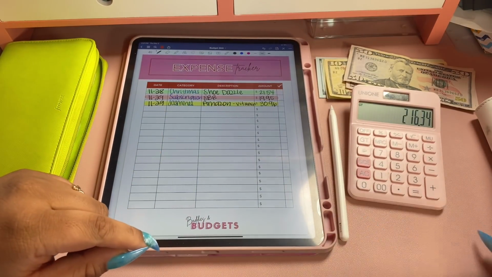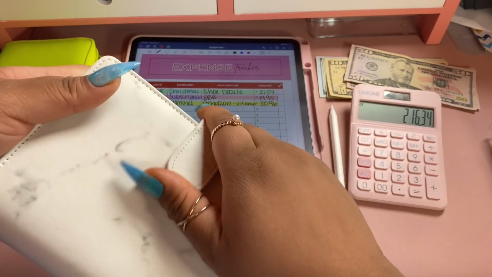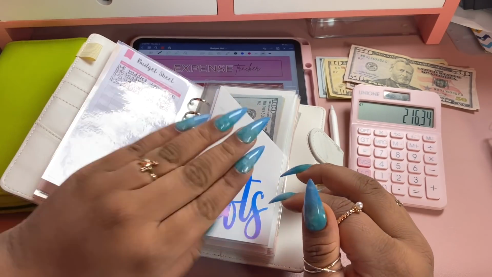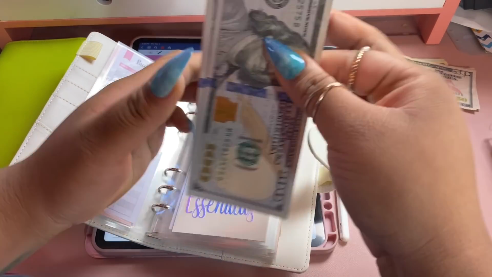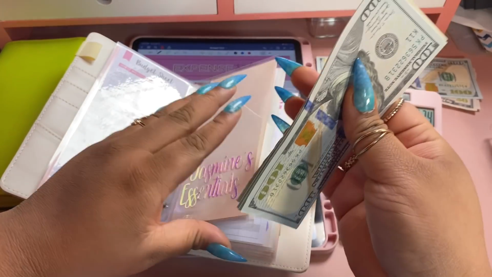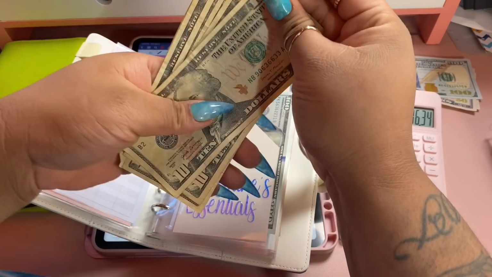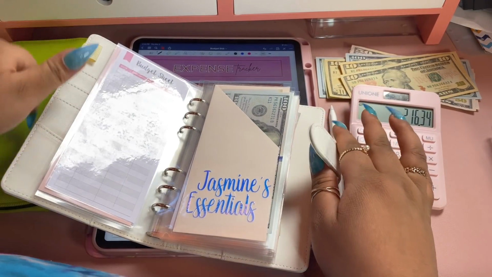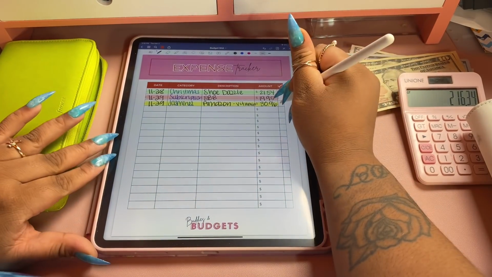So I'm going to pull 116.34 from my fund. So probably 120, honestly. Let's see if I have it. I don't, so I'm just going to pull 100, and 2 10s from my credit card money. See how it kind of plays its role. So we're good there.